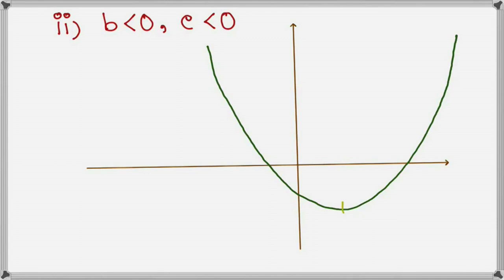Here is the vertex P. This is the y-intercept. This is alpha. This is beta. So here also alpha and beta both are real and distinct.